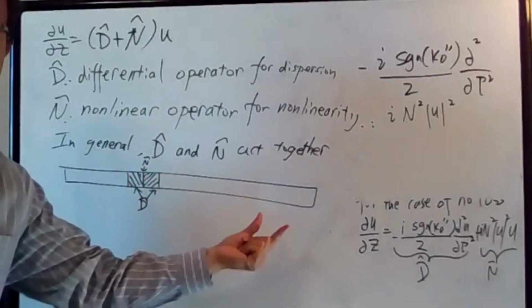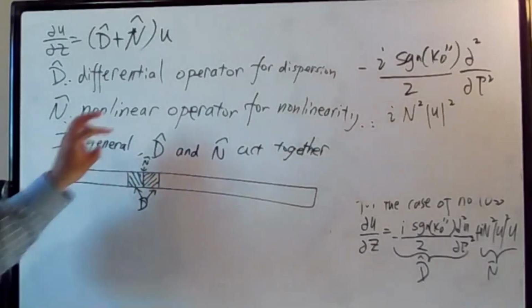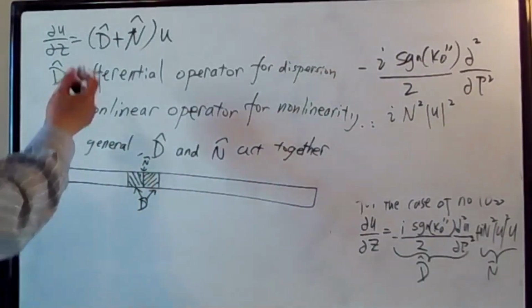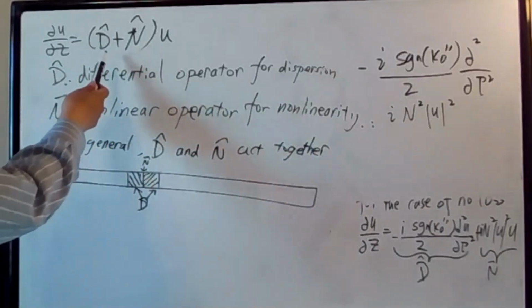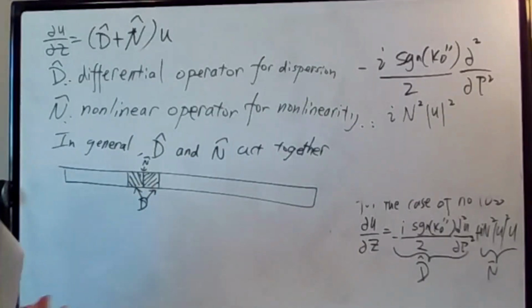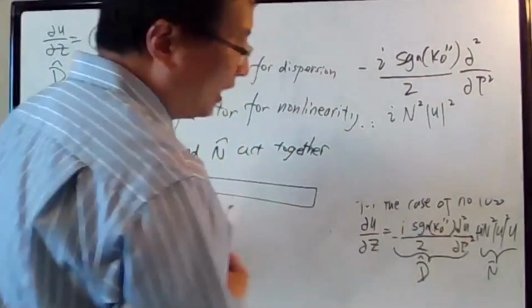When the pulse propagates through a small section, they play a role together, but it is really difficult to solve them together.